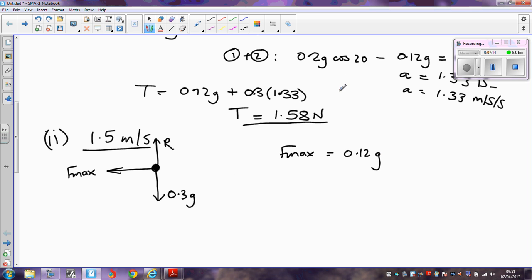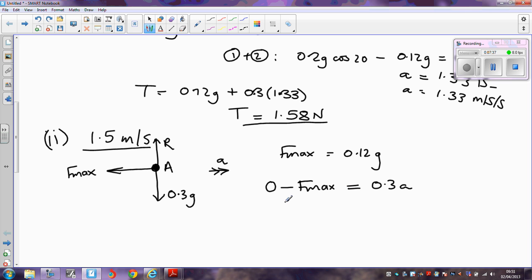So let's find the acceleration of particle A, and I'm going to use Newton's second law to the right because it's still moving to the right, but acting to the right we've actually got nothing. So Newton's second law to the right: nothing to the right, minus our F max, so it was the tension before to the right, now it's just nothing, is going to equal the mass, that's 0.3, times the acceleration.